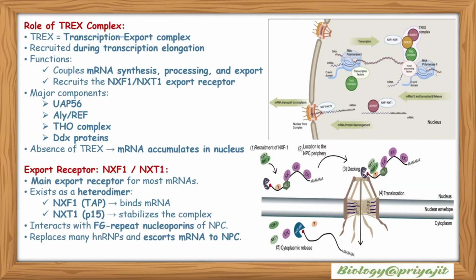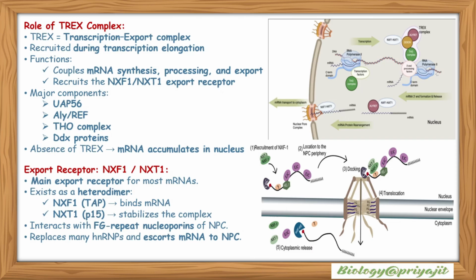Role of TREX protein. What is TREX? TREX is basically the transcription export complex, recruited during the transcription elongation process. What is the function of this complex? It couples mRNA synthesis, processing, and export. It also recruits the NXF1 and NXT1 export receptor proteins.